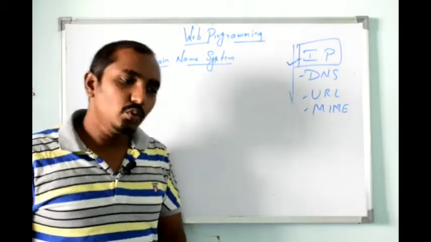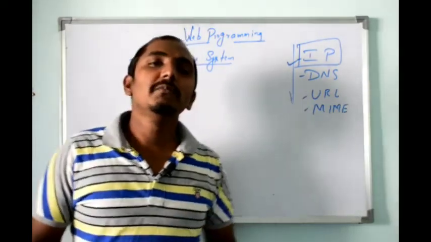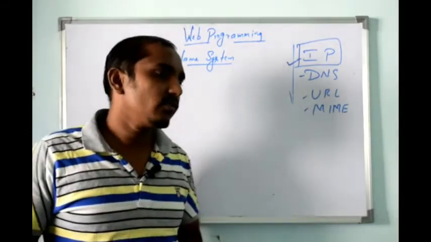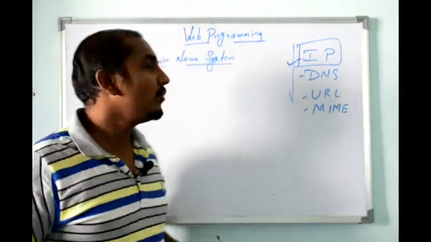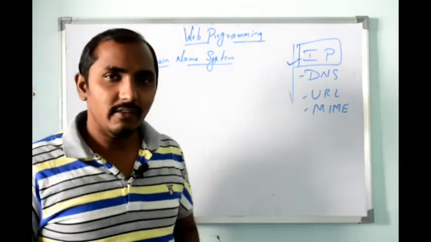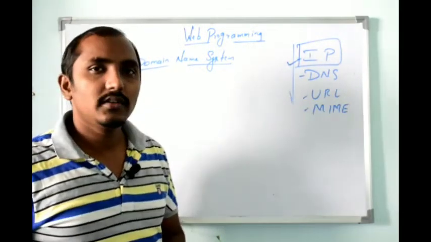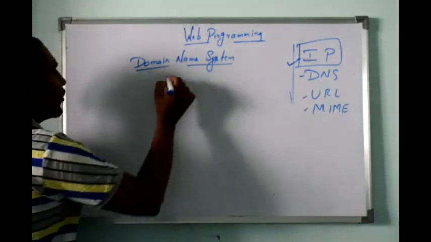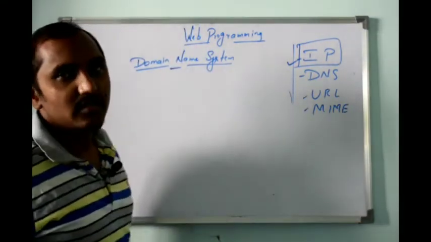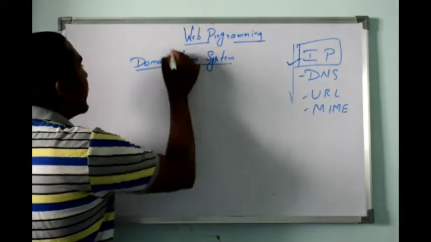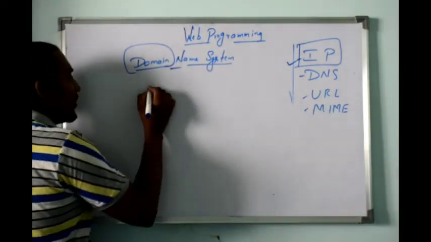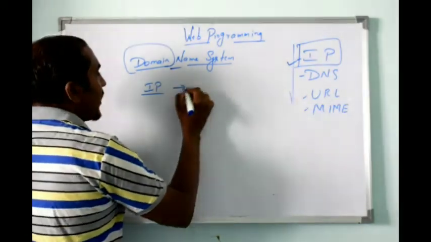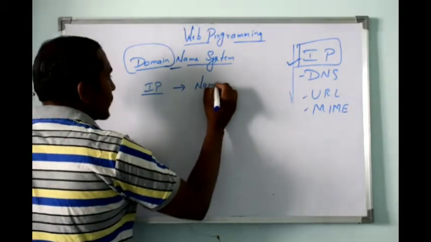Now if I have thousands, hundreds or crores of devices, I cannot remember all of their IP addresses. If I want to represent any one individual device, I need to remember the IP address, which is very difficult. To avoid that problem, we come across this concept called domain name system, where a domain represents a particular IP address which is replaced by some names.